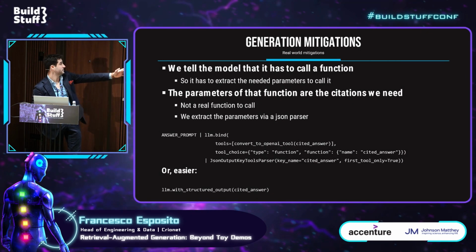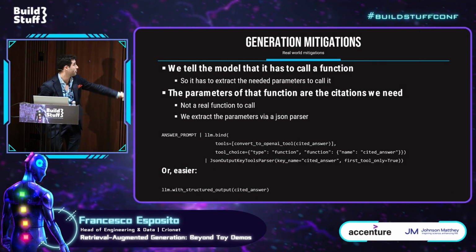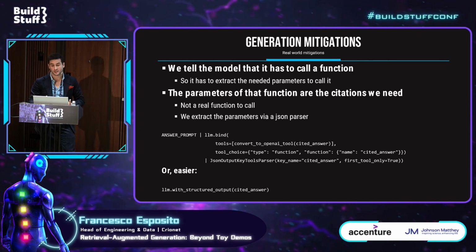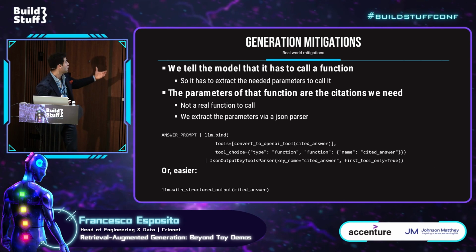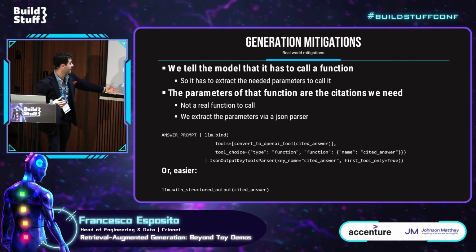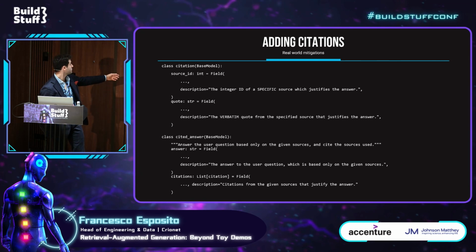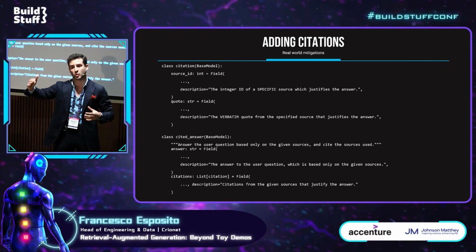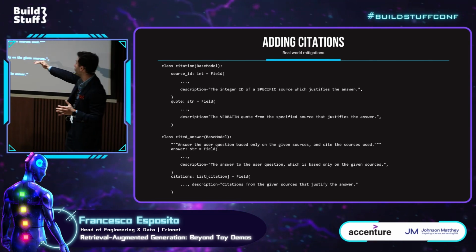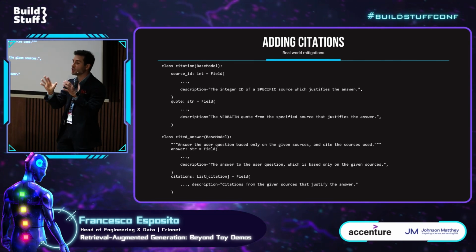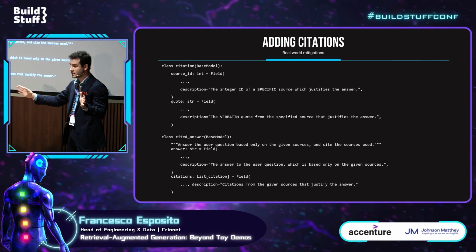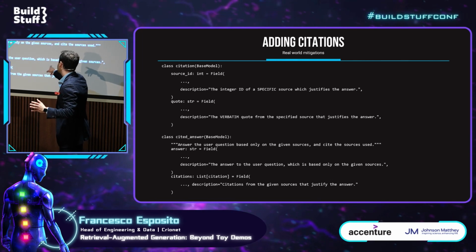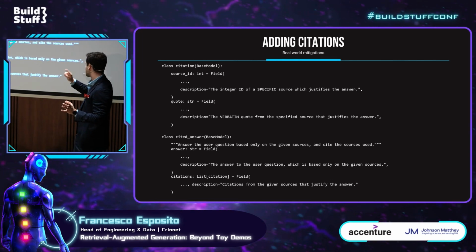This is proactive for the generation step, because in this case, all we want to do is extract citations from the answer. So we define a function and leverage the function calling capabilities of a model. What does it mean? It means that we define the answer not just to be plain text, but to be an answer, which is a string, described as the answer to the user question based only on the given sources.